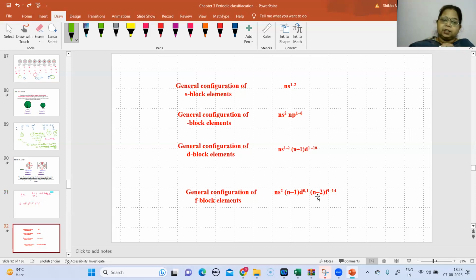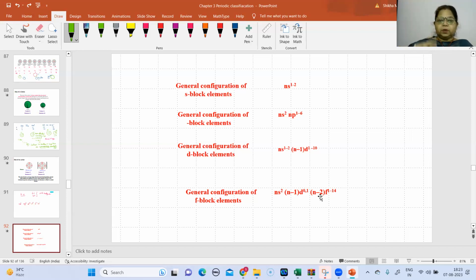Here is the general electronic configuration of all the blocks of the modern periodic table. I think we discussed it till S block, P block, and D block. That is, S block is ns1 or 2 because it has to fill 2 electrons. Either it can be 1 or 2.